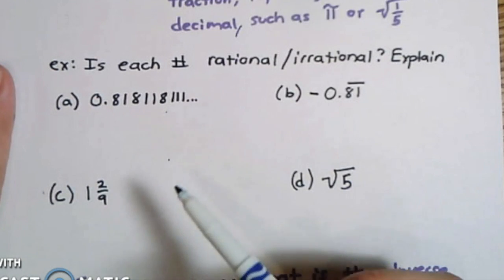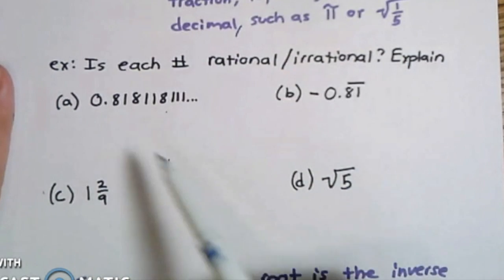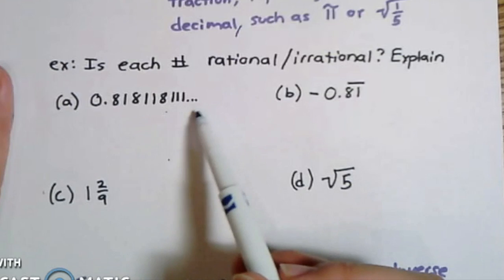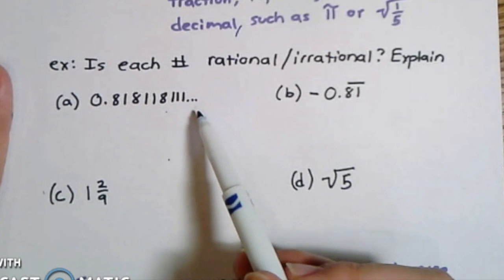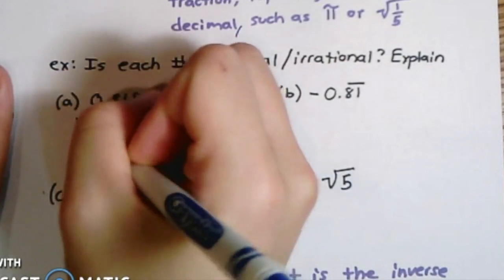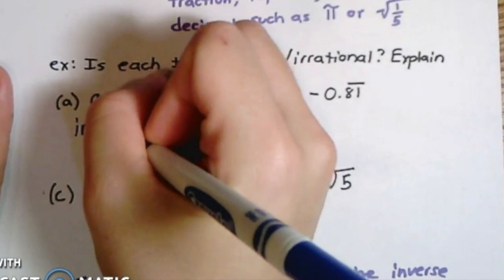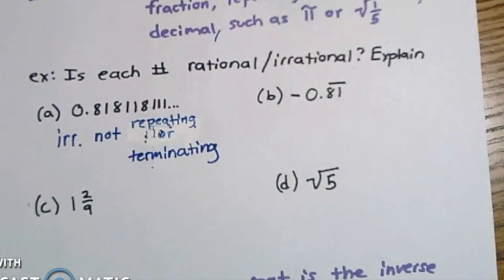The answer is no, because I can't draw a line over one bar and have it continue to say 81818181. It keeps adding another one, so it's not repeating. It doesn't terminate. It keeps going on and on and on. Therefore, this is irrational, and I'm going to say it is irrational because it is not repeating or terminating.